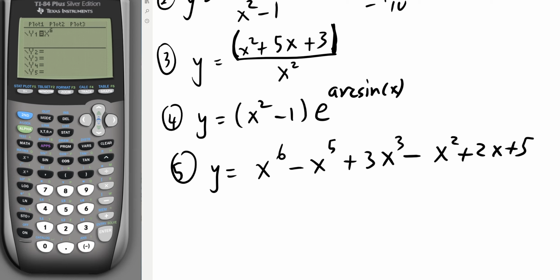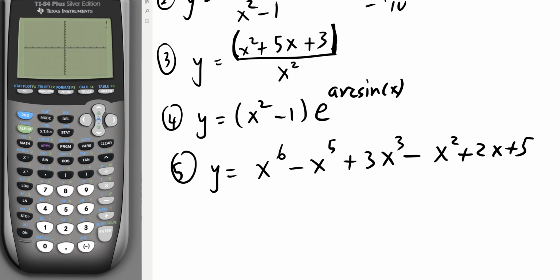Use the arrow to go down to be on the same line, minus x, raise it to the 5th power, go down next to it, plus 3x, raise it to the 3rd power, and then down to minus x, raise it to the 2nd power. Again, down, plus 2x, and plus 5, and graph it.